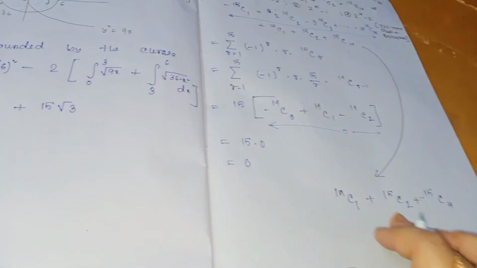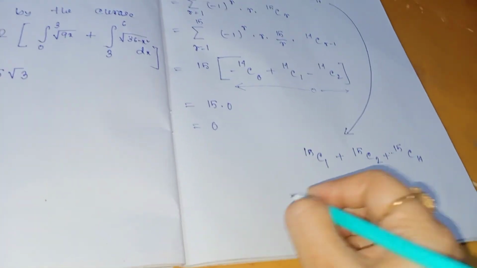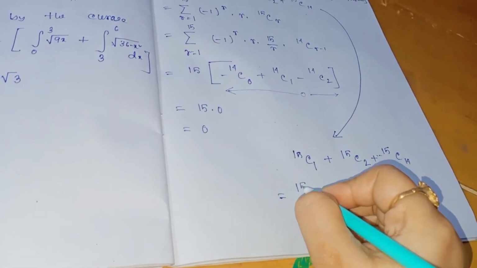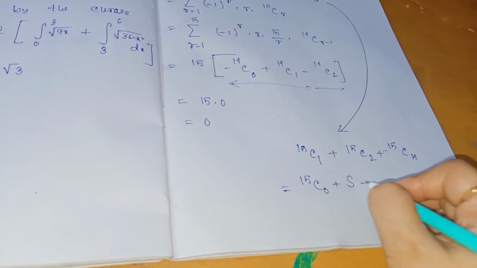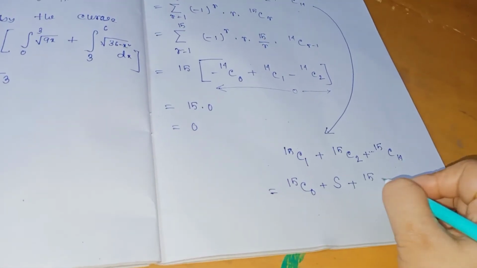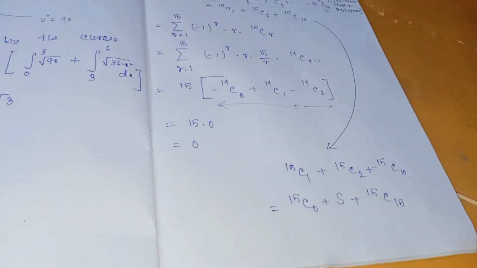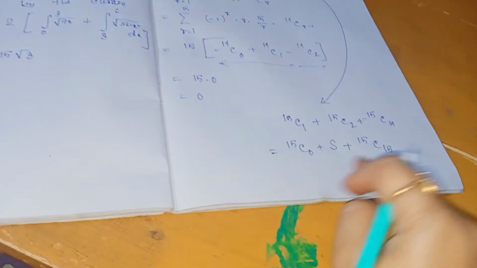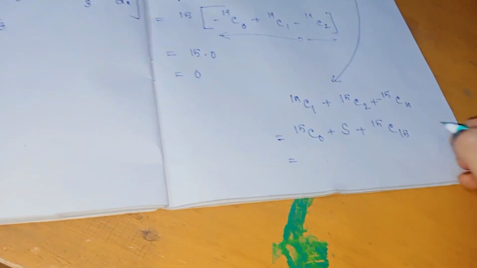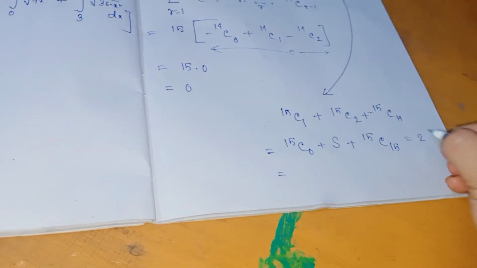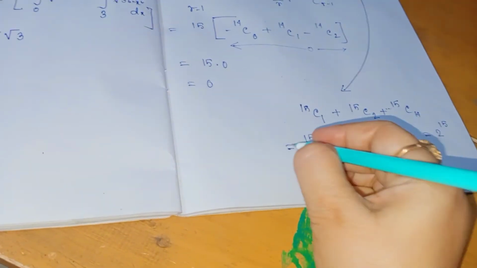So here we get 15 C0, now write S, plus 15 C15. We write this way, so this is also 2 to the power 15.